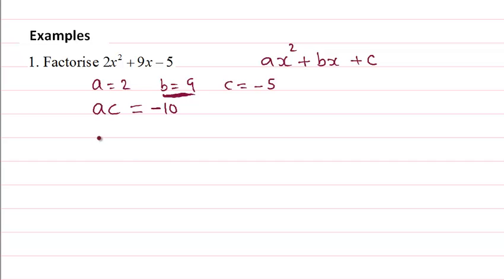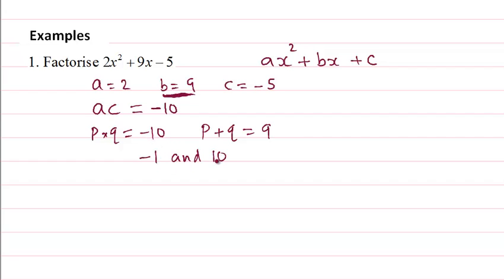So two numbers, p times q, answer is minus 10. But when we add p plus q, the answer has to be 9. So in this case it's not that difficult, and the answer is minus 1 and 10. So when we multiply these two, we get minus 10.